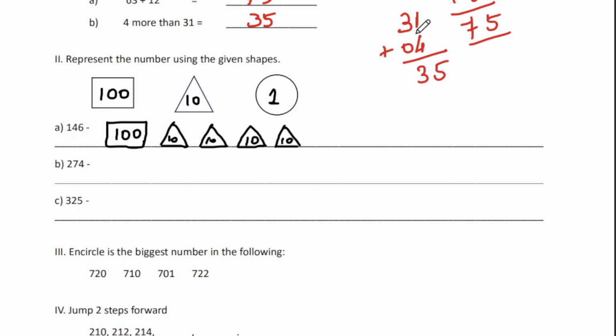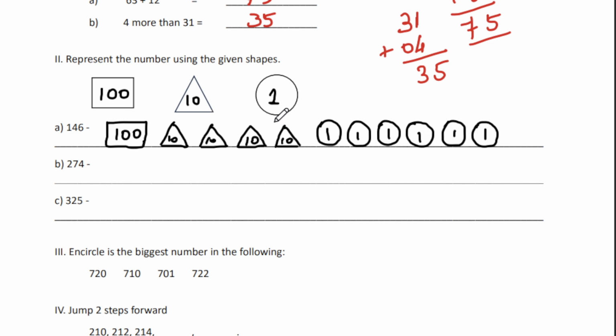We have 6 ones. So 6 circles. 1, 2, 3, 4, 5, 6. Okay. So 1, 1, 1, 1, 1, 1.